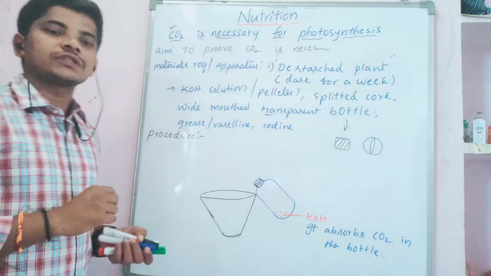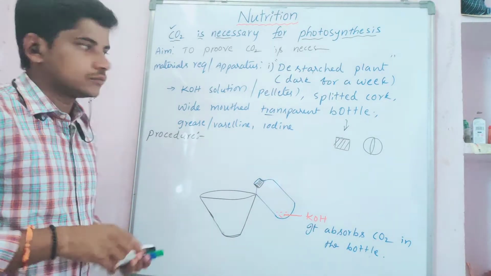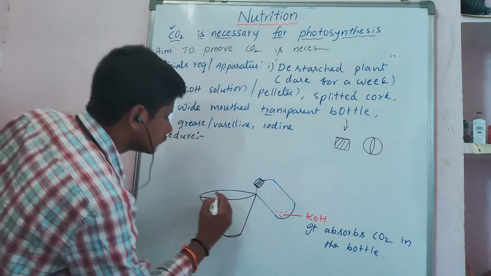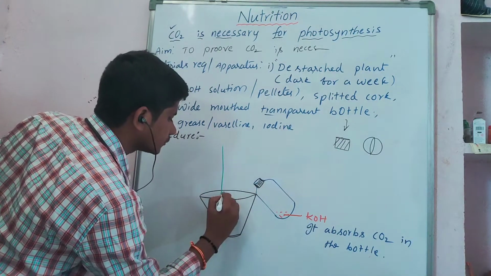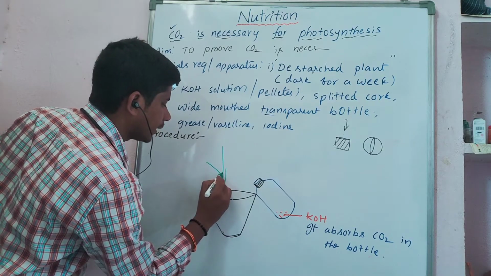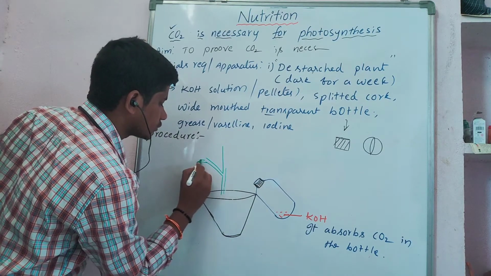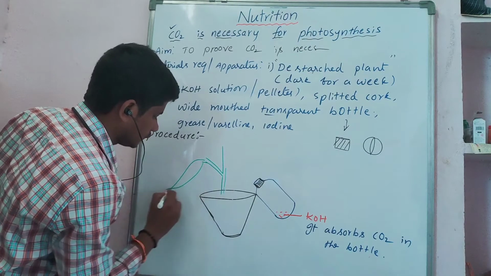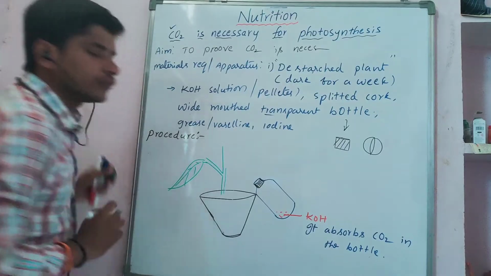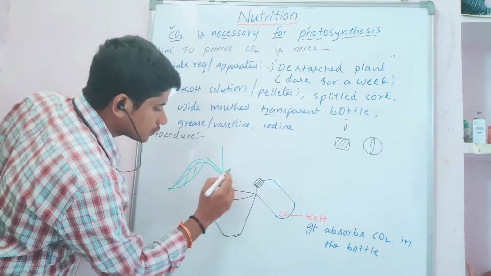You first start drawing the leaf. In this pot, let me draw the plant. This is the plant which we kept in the dark for about 1 week. The plant is free from starch now. So these are the leaves. Now one more leaf I am going to draw here.